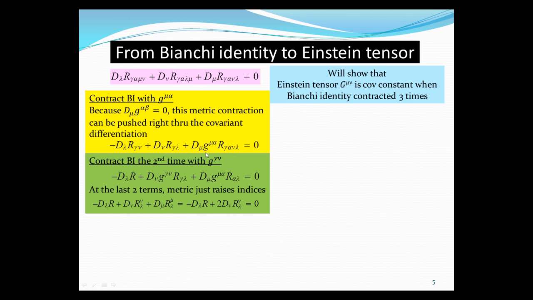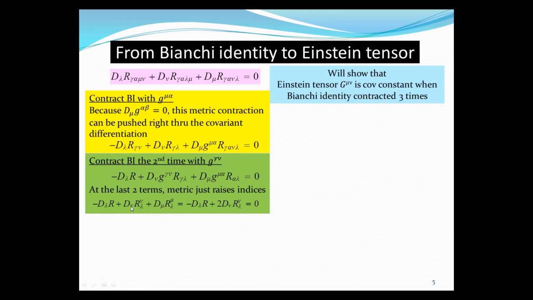And here I can contract the Riemann tensor to become the Ricci tensor R alpha A. So the effect of the last term, the covariant derivative acting on the Ricci tensor, is just raising the indices.